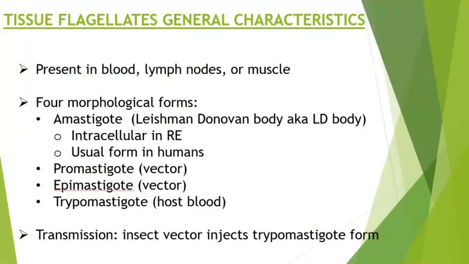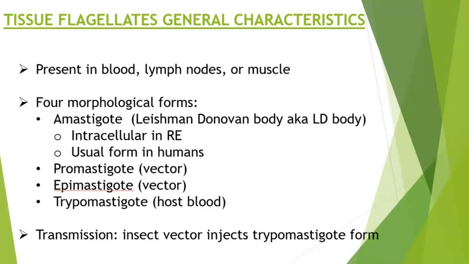So let's just go over some general characteristics of our tissue flagellates. They're usually present in the blood, lymph nodes, or muscles of the patient. There are four morphological forms that these tissue flagellates can be found in. First, there's the amastigote form, and they're usually found in this form in intracellular cells like the RE cells.